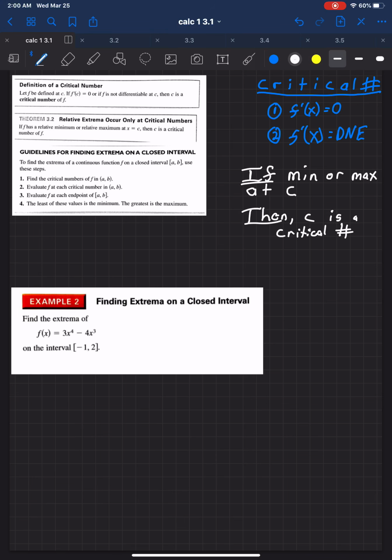Don't switch your consequence and your antecedents. Your if-then statements are conditional statements. They're not biconditional statements. You don't get to switch them around. If you have a relative min or max at a point C, then C is a critical number. That's the takeaway. So now that's actually good news for us.